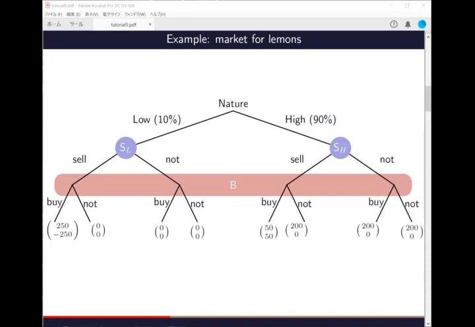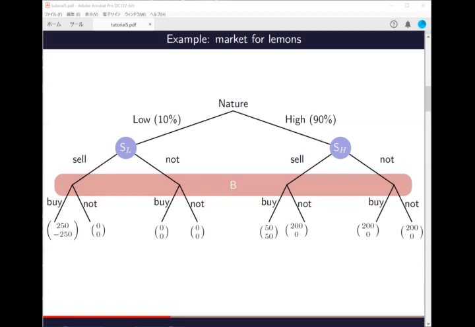So the seller can be in the low information set where he is a low type that sells a low quality computer, or in the high information set where he is a high type that sells a high quality computer. Then the seller knows whether he is a low type or high type and chooses whether to sell or not. Finally, the buyer decides whether to purchase or not.